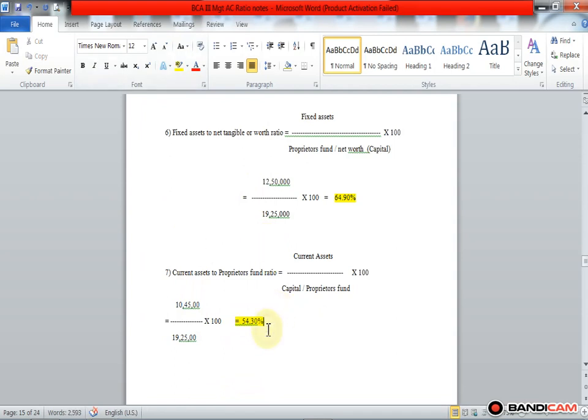Now we solve ratio number 8, that is the net profit ratio. The net profit ratio is very easy.